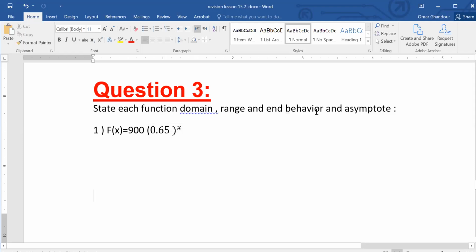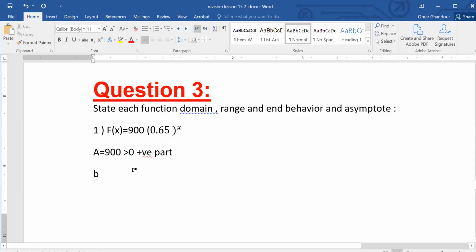Let me think with you. First of all, I have this function. I am going to ask myself, what is the value of a here? A is 900. It's greater than or less than 0? It's greater than 0. So it's going to be in the positive part, yani up. Okay, very well. What about B? B is this number in here.